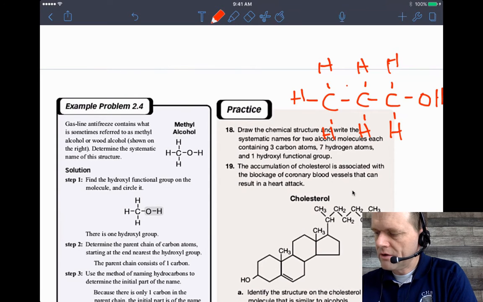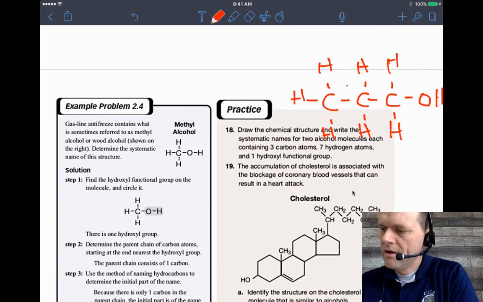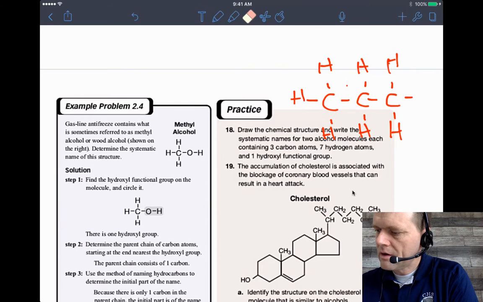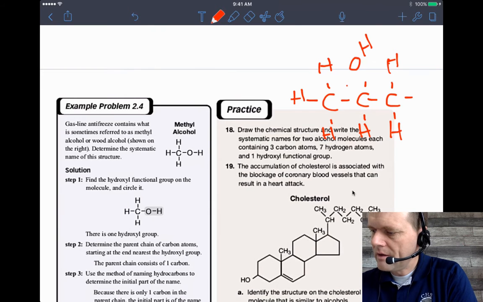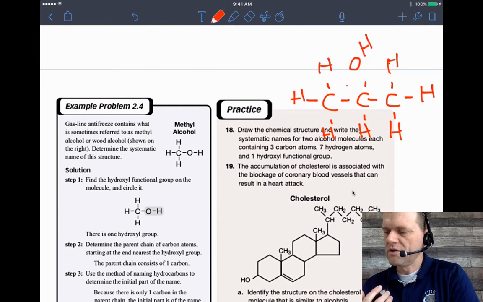So for 2 alcohol molecules, we could put the OH right there, or we could switch it and put it on the second carbon. We could put it right here and replace that, so we kind of switch those two.